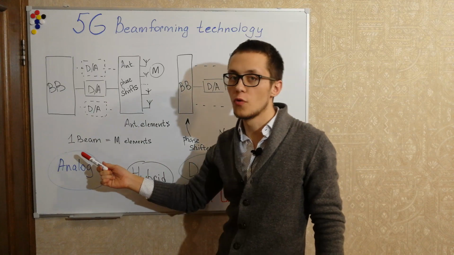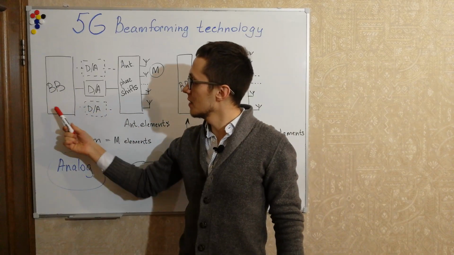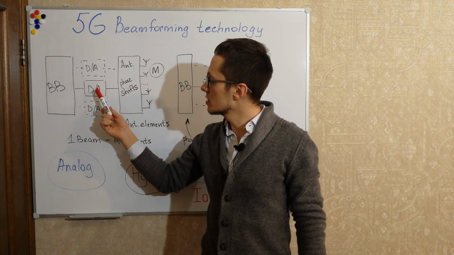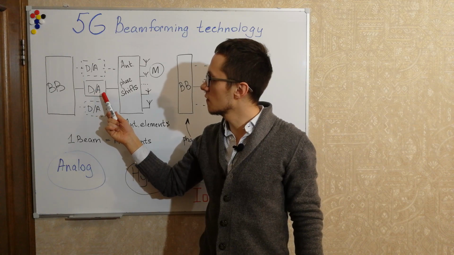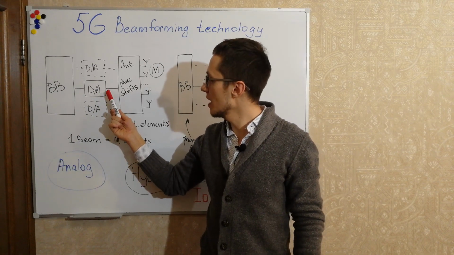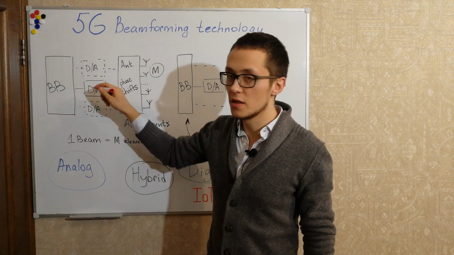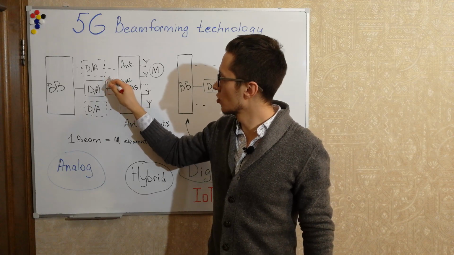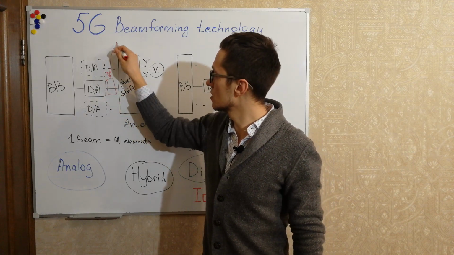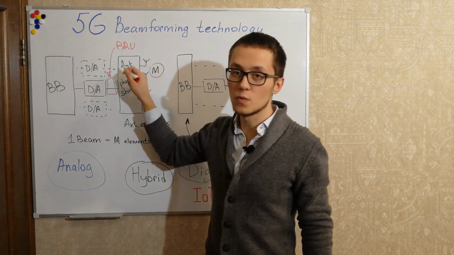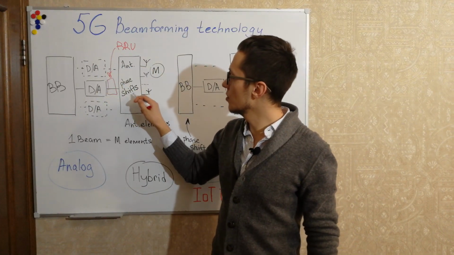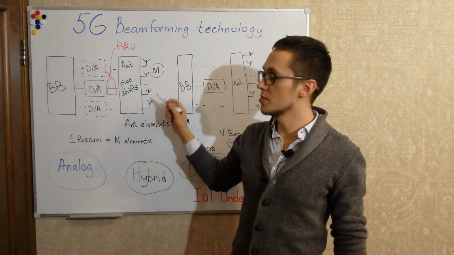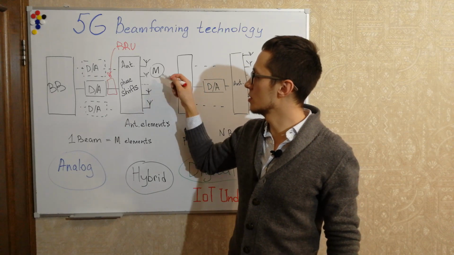We can have analog beamforming, when the digital signal after baseband processing is converted to analog form and then amplified in analog form. Here we can draw an amplifier. Let's suppose this is a radio remote unit with amplifier. That signal goes to an antenna with a number of antenna elements.